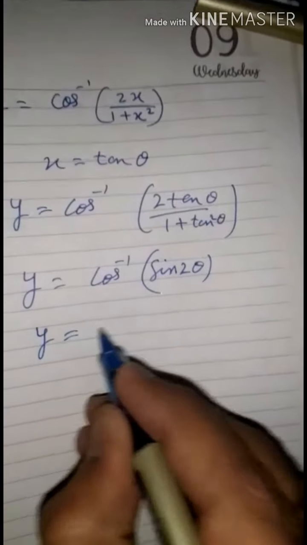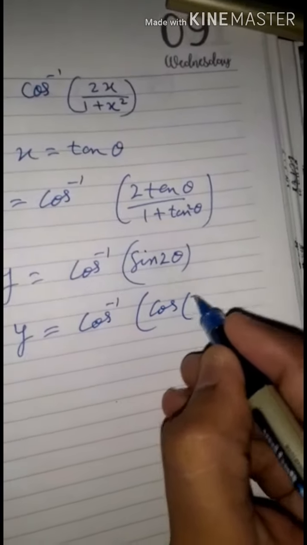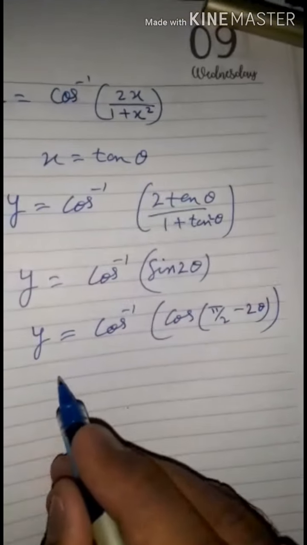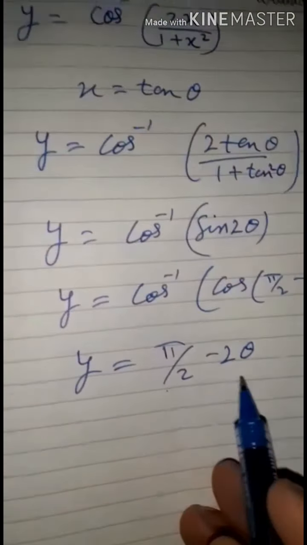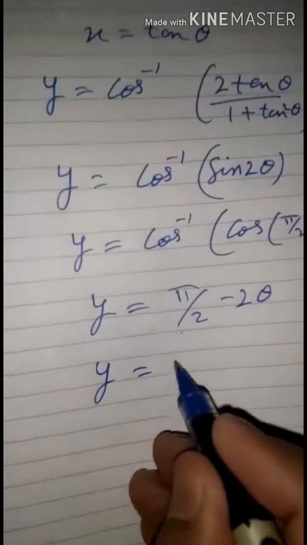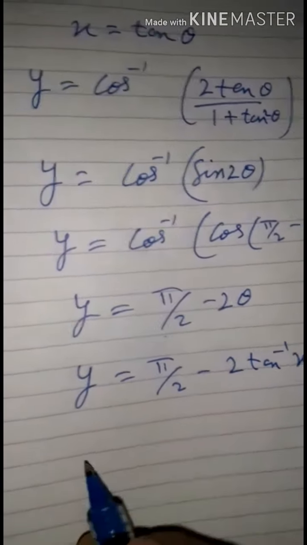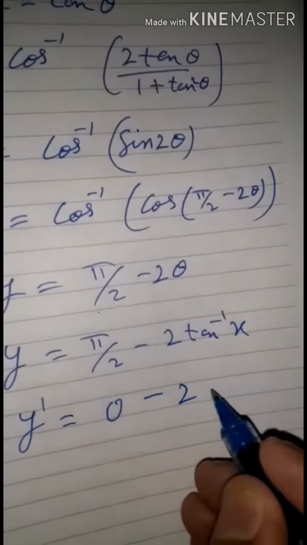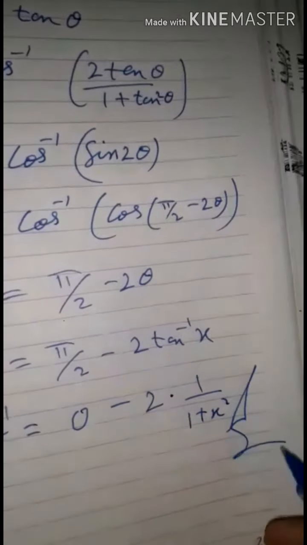We will change y is equal to cos inverse cos of pi by 2 minus 2 theta, because cos of 90 minus theta is sin theta. y is equal to pi by 2 minus 2 theta. y is equal to pi by 2 minus 2 tan inverse x. Now y dash is equal to pi by 2 derivative is 0 minus 2 times tan inverse x derivative, 1 upon 1 plus x square. It's your required answer.